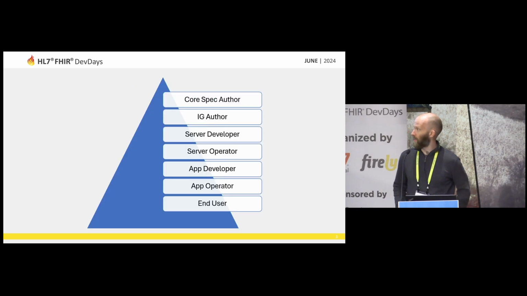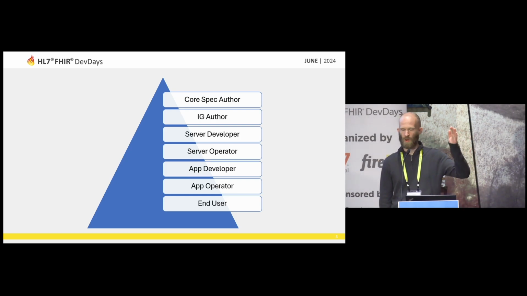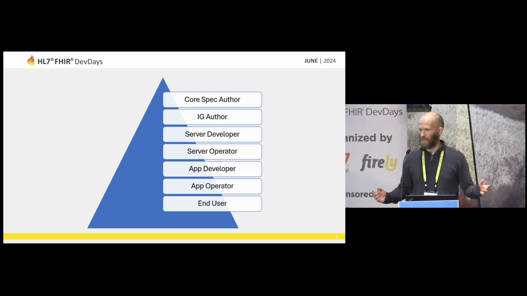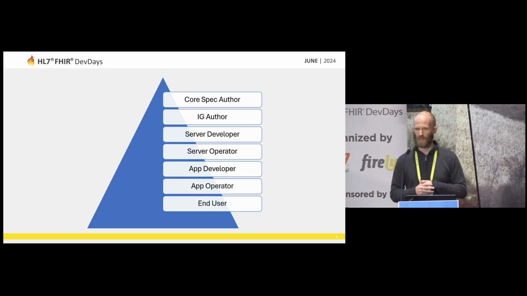One of the ways I think about the sorts of changes that we deal with is like there's this pyramid, where the top of the food chain is core spec authors. As we go from R4 to R5 to R6, that's a pretty infrequent activity. In the grand scheme of things, there aren't that many changes across the major versions of FHIR. There's a lot of IGs and a lot of IG authors. There's even more server developers and server operators. I've separated out server developers and operators because I find that helpful to think about.